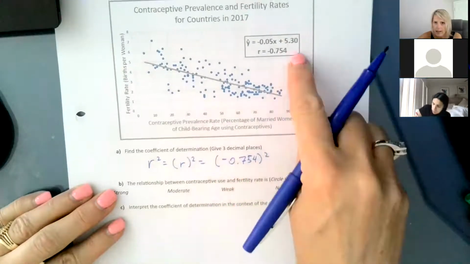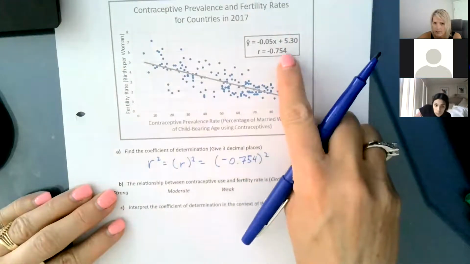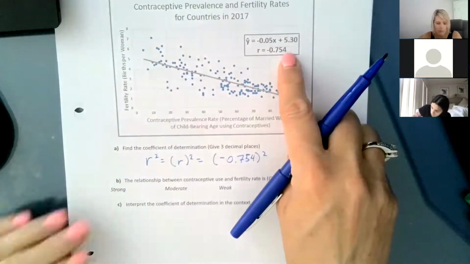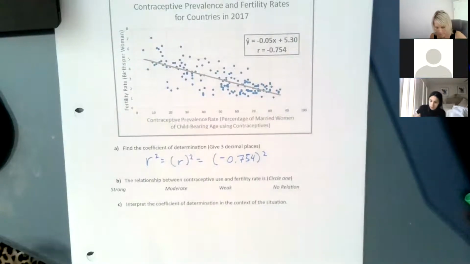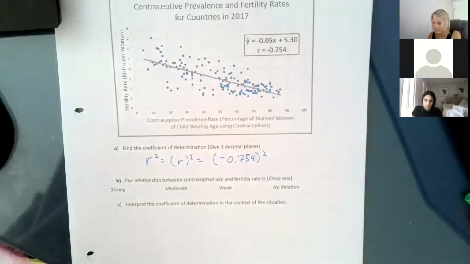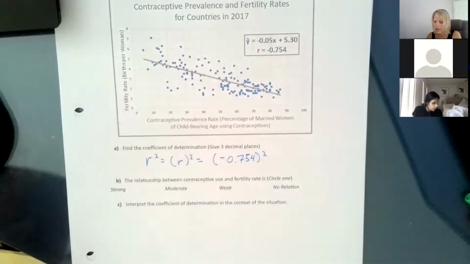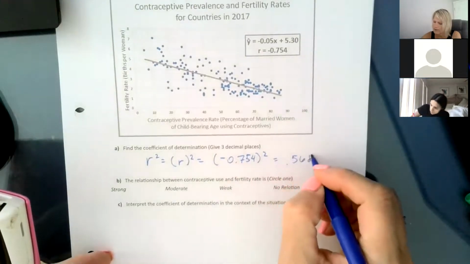I got negative 0.754 from up here in the scatter plot, and remember, StatCrunch will do that as well. On the calculator, 0.754 squared comes out to a positive 0.5685.